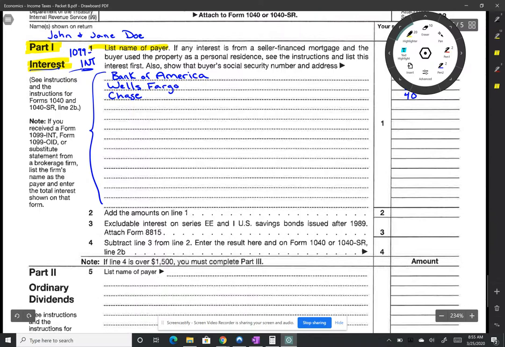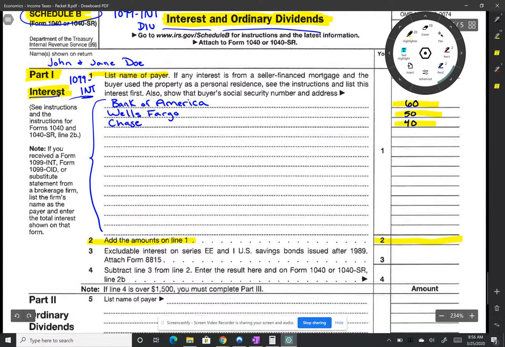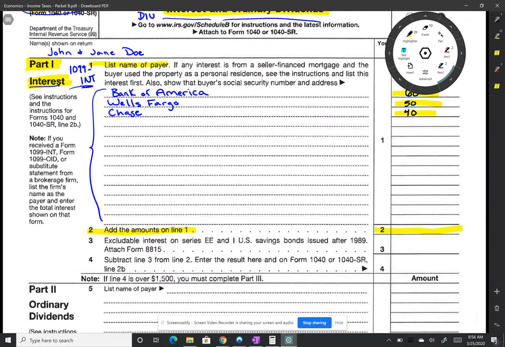Then we go down to line two, and it just says, read the instructions, add the amounts on line one. We just add 60 plus 50 plus 40, and we get $150. Excludable interest, we don't need to worry about that. We're not doing any excludable interest on U.S. savings bonds.